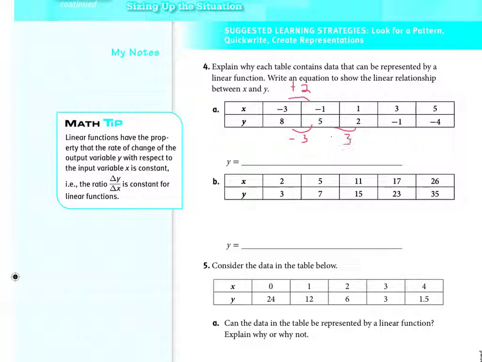Down 3, adding 2. Down 3, adding 2. So notice that the change is the same each time. Our change in y over our change in x. Now remember, in an equation, that change in y is our slope.